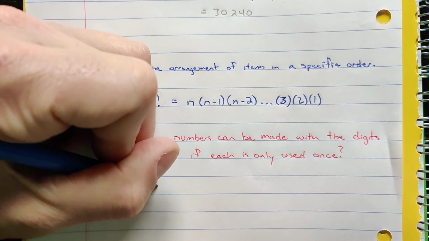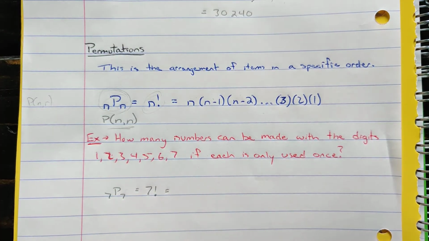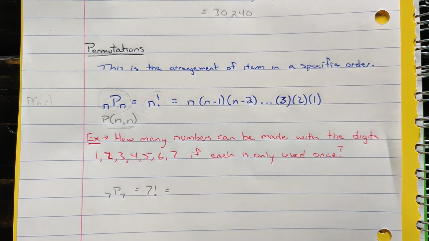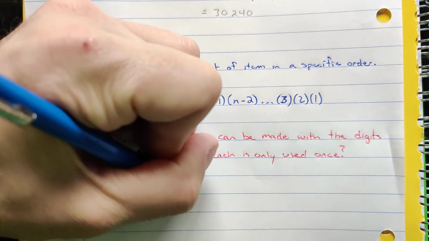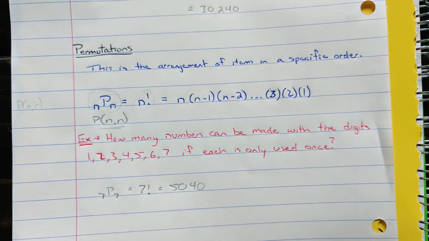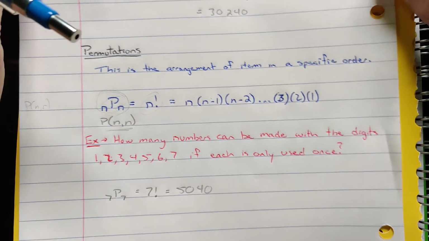This is equal to 7 factorial. We can do 7 times 6 times 5 times 4 times 3 times 2 times 1 in our calculator, or use the factorial button, which I'm going to do here, and get an answer of 5,040. So 7 factorial is 5,040.